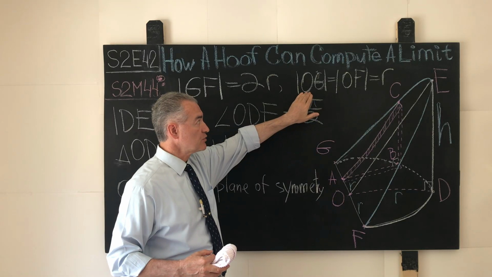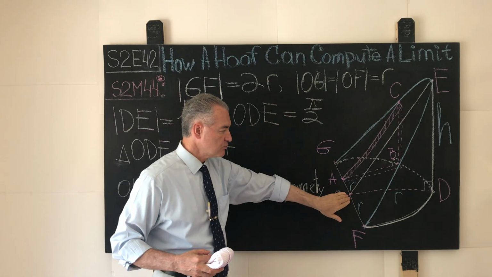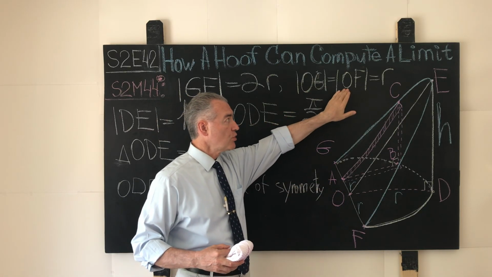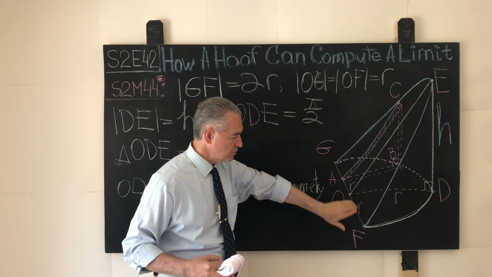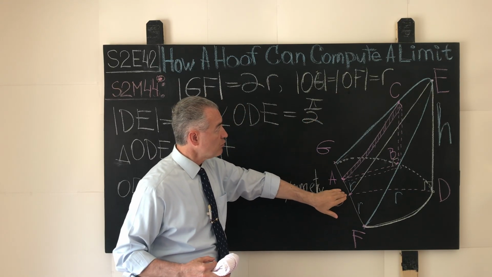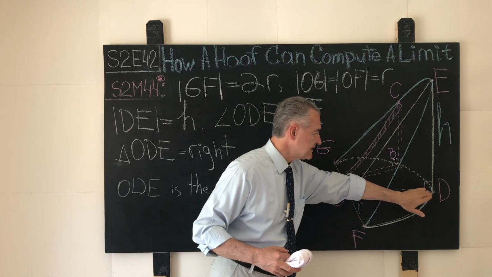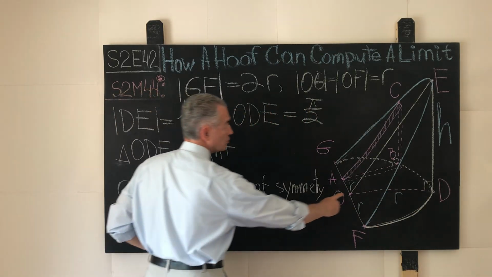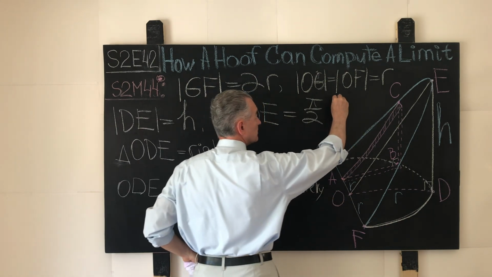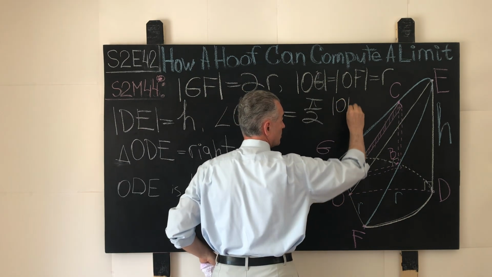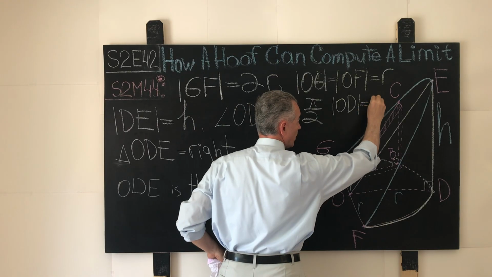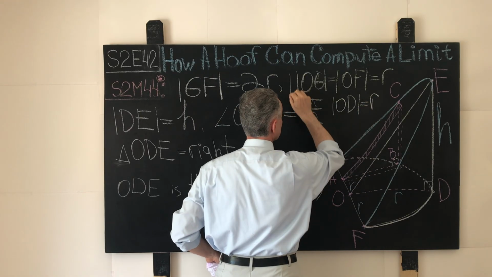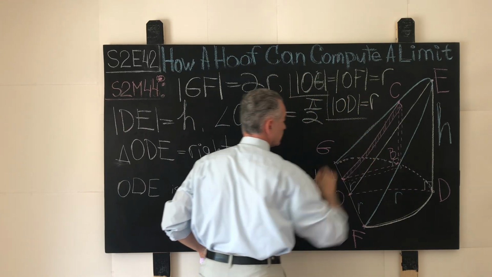So the distances from O to G, from O to F, and from O to D are all R. Let's say OD is still R.